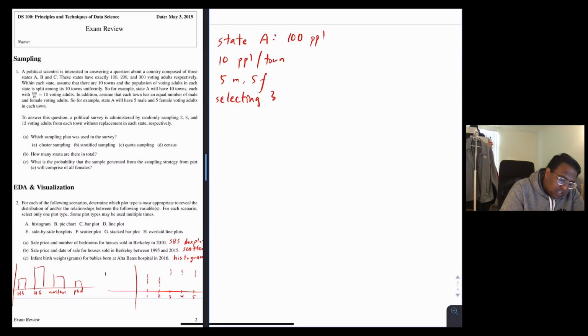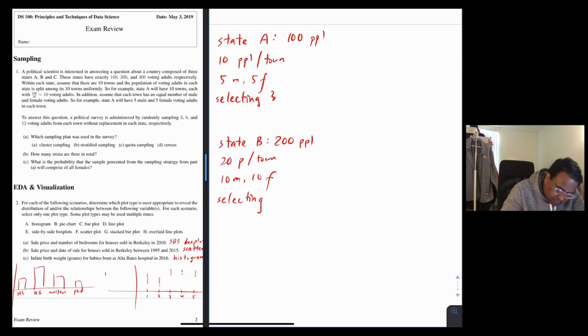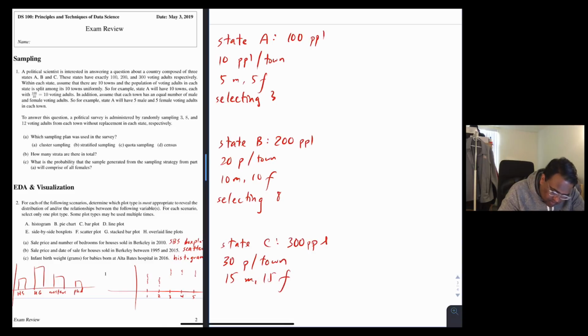Similarly, state B has 200 people, so that's 20 per town, which means we have 10 males and 10 females, and we're selecting 8. Lastly, state C, we have 300 people, 30 per town, which means we have 15 males and 15 females, and we're selecting 12.